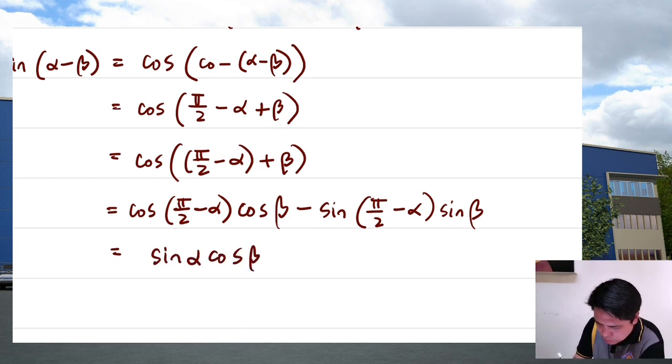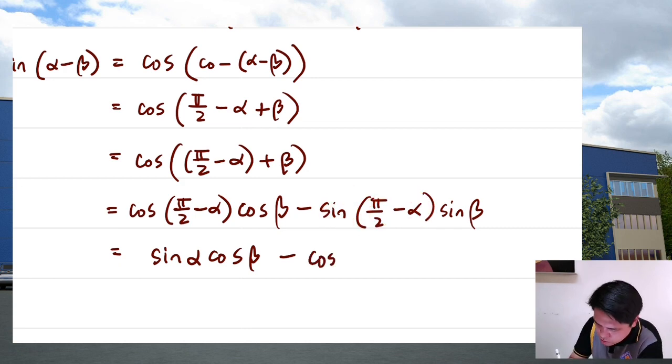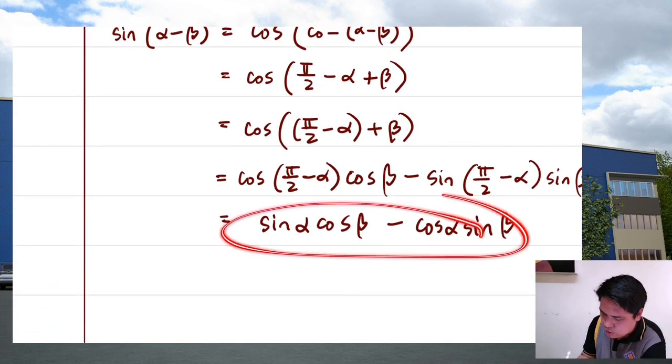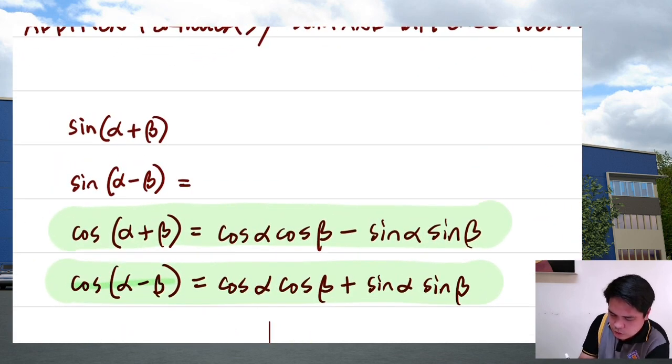So, copy cosine alpha again dire. Minus, how about here? What is the sine of the complement of alpha? That is cosine. So, that's cosine alpha, sine beta. So, therefore, this is now the identity for the sine of the difference of two angles.